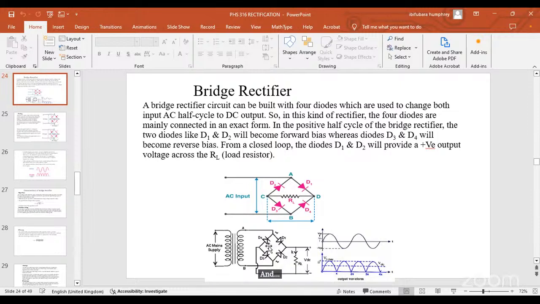In this circuit, we'll see D4 and D1 as positive half and D3 and D2 as negative half.